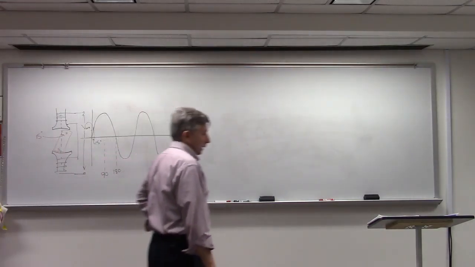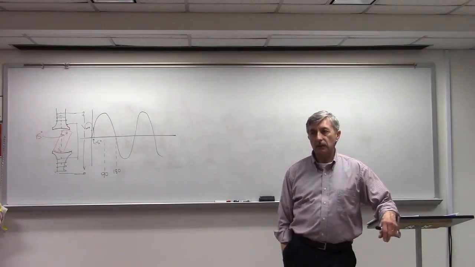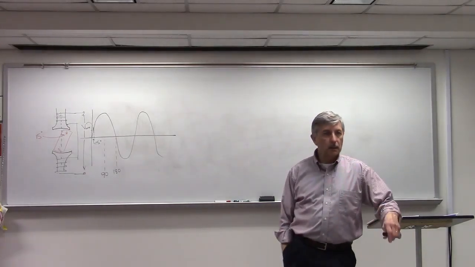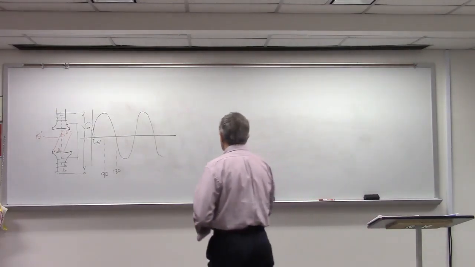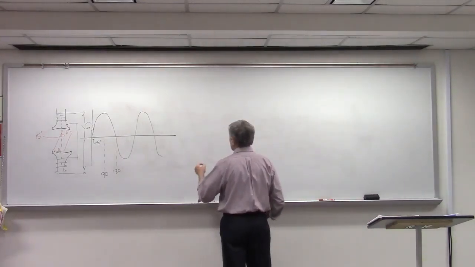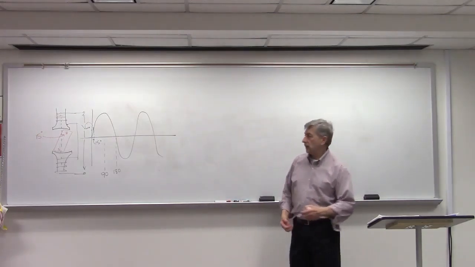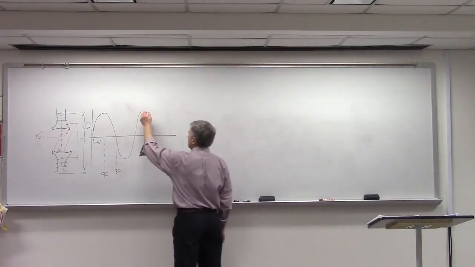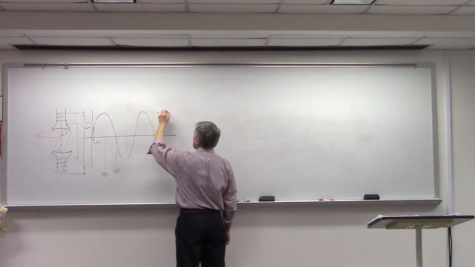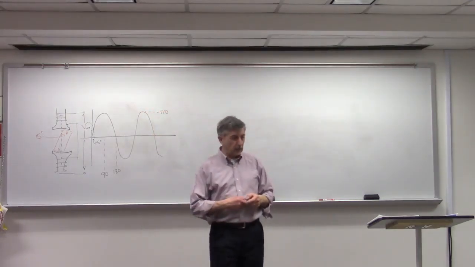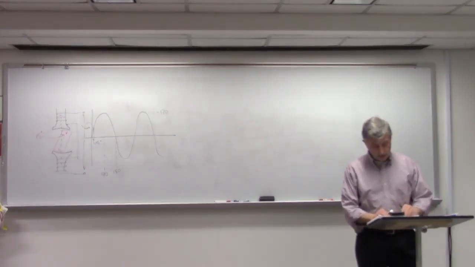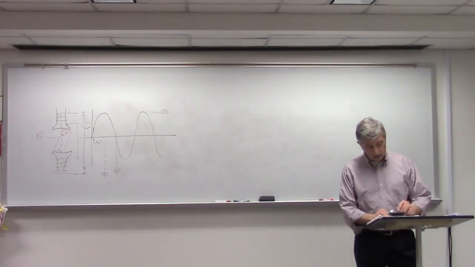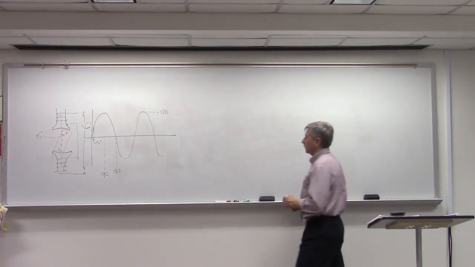So what did you get? Everybody get 0.707? Russell, you're still working a little bit, but you'll get it. If you have a voltage of 170, and you take 0.707 times that, you get 120.19 volts.